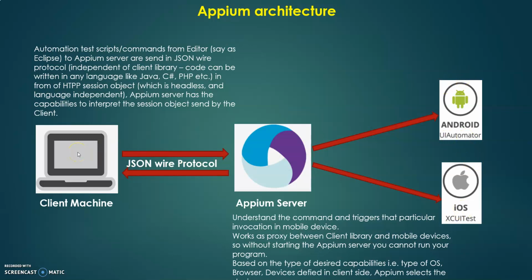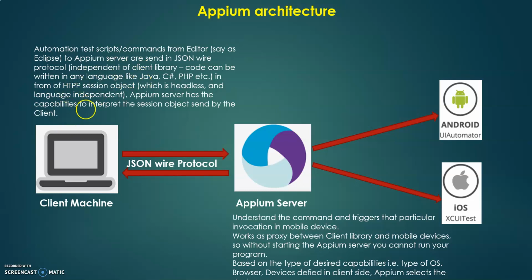On the client machine, we write our automation test scripts or commands inside some editor, say like we are writing the commands inside Eclipse. And we provide the capabilities, like on what kind of browser, what kind of device we want to do the automation.